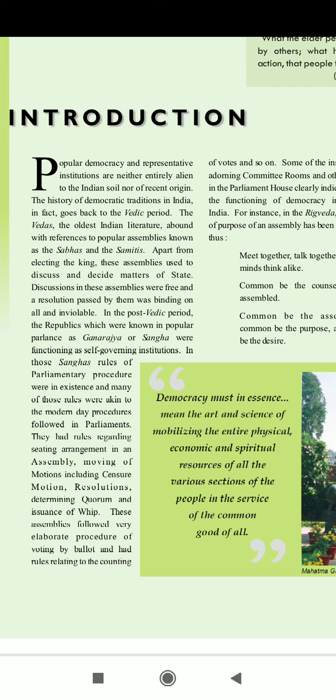These assemblies followed very elaborate procedure of voting by ballot and had rules relating to the counting of votes and so on. So these are the processes which are still found in the parliament, and they were popular during the Ganarajya and Sangha time, that was post Vedic period.